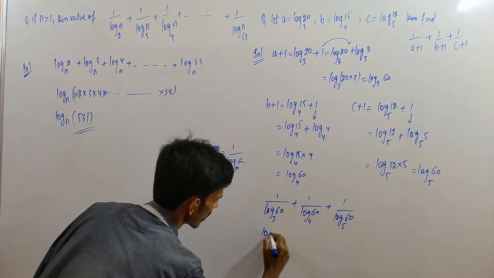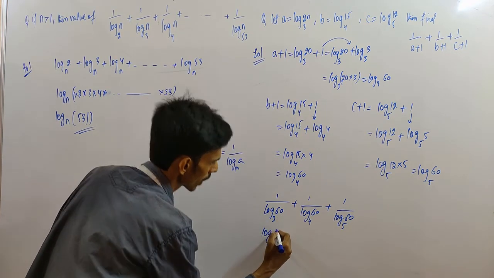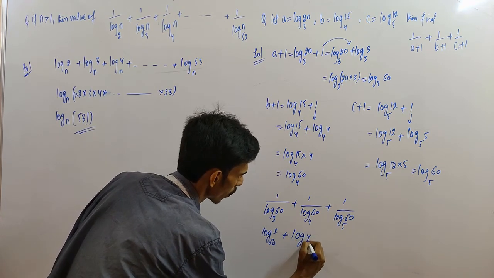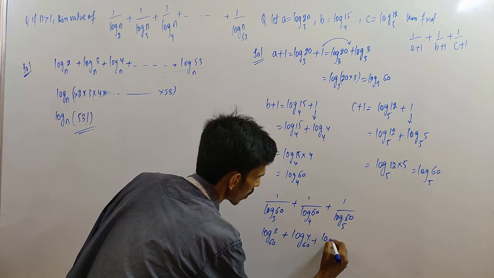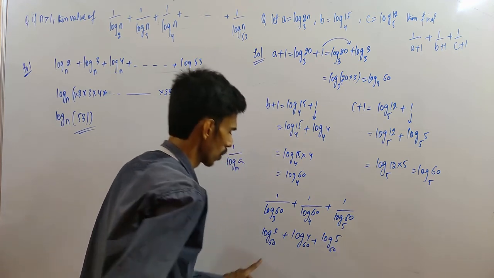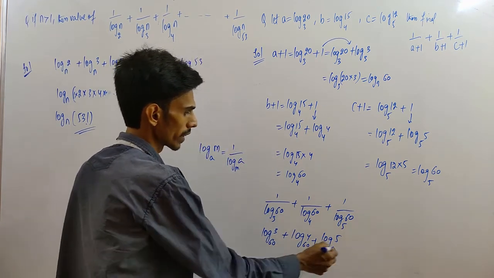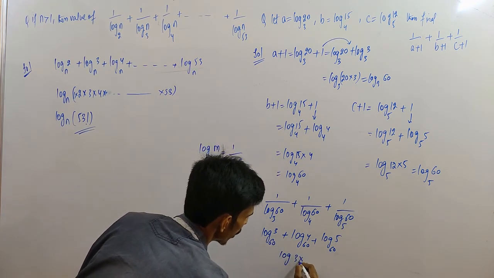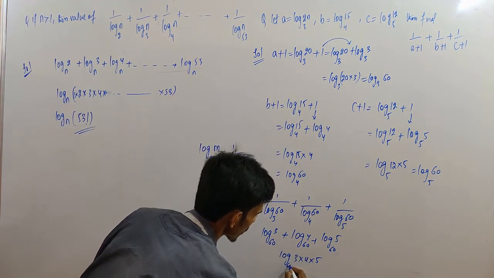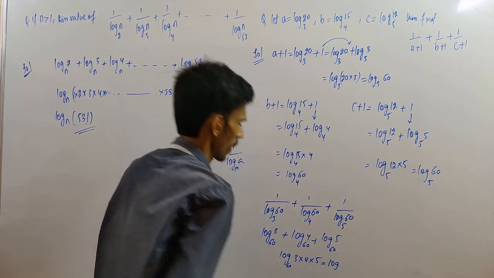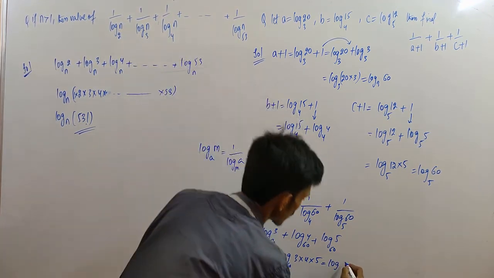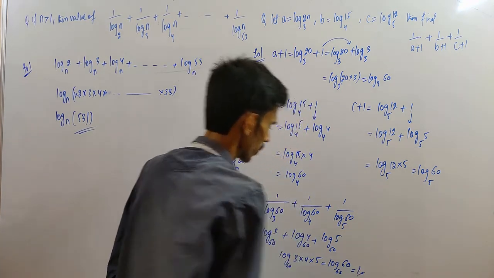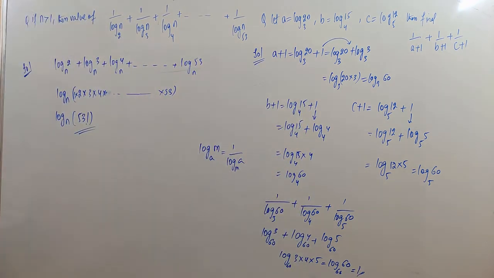Now this can be written as log 3 base 60, similarly log 4 base 60, plus log 5 base 60. All bases are the same. Now this is a sum; convert to product. This will become log 3 into 4 into 5, common base 60, so that is log 3 fours are 12, 12 fives are 60, 60 base 60. When these two are the same, the value will be 1. Therefore, the answer is 1 for this question.